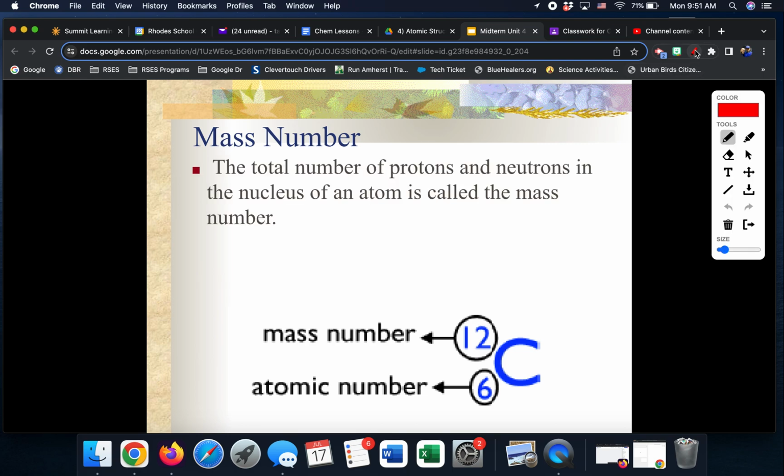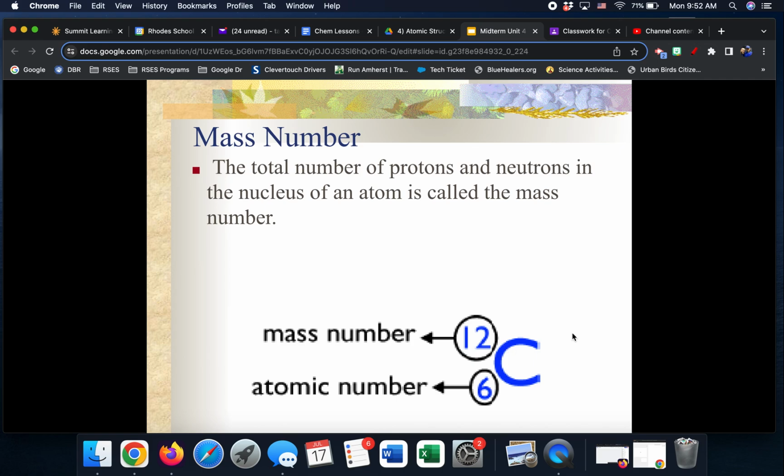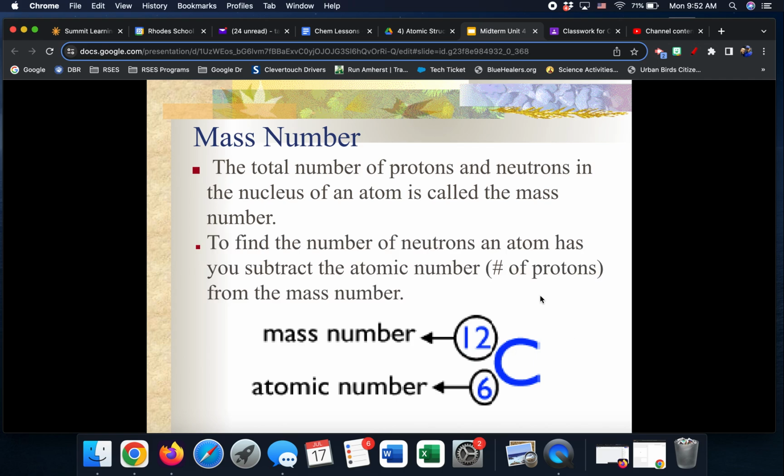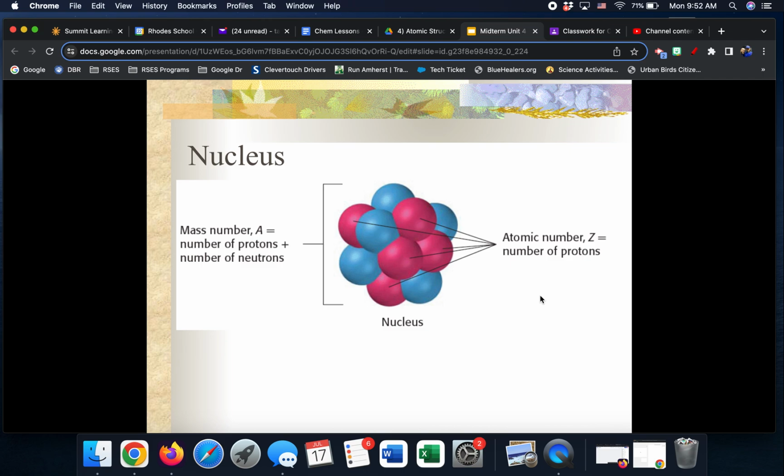So if we look at this element here, hopefully we know this means there's 6 protons and also 6 electrons. But how many neutrons are there? Well, 12 is the number of protons plus neutrons. So if we subtract 12 minus 6, that will give us, in this case 6, the number of neutrons. So subtract the mass number minus the atomic number, and that will let you determine how many neutrons you have.